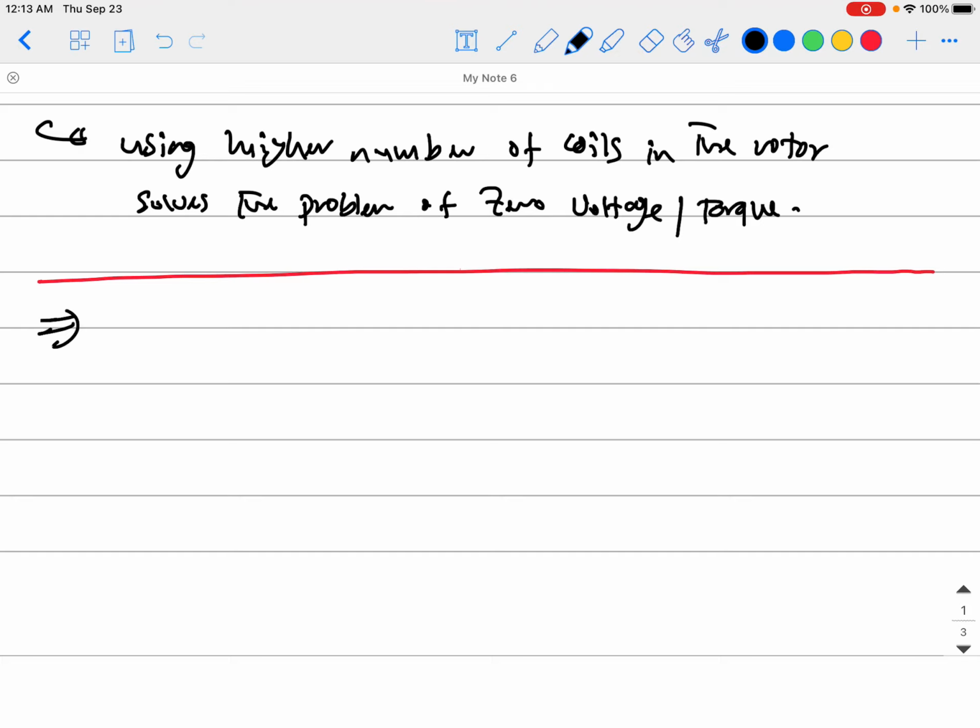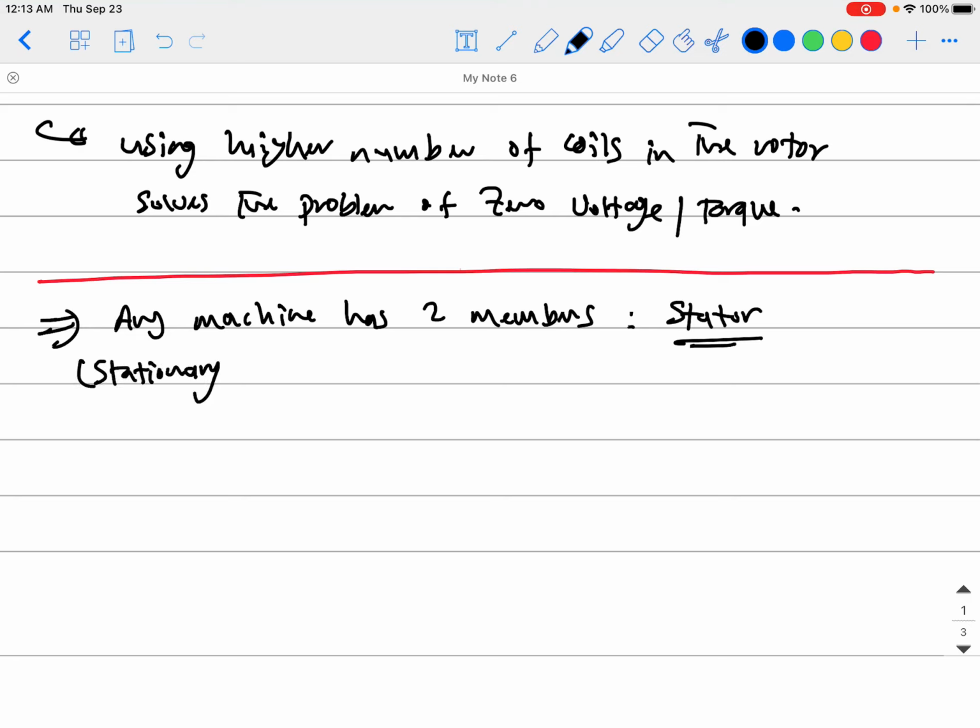Like we said, any machine has two members, at least, the typical machines we're talking about here. These two members are the stator, and it's a stator because it's basically the stationary part.